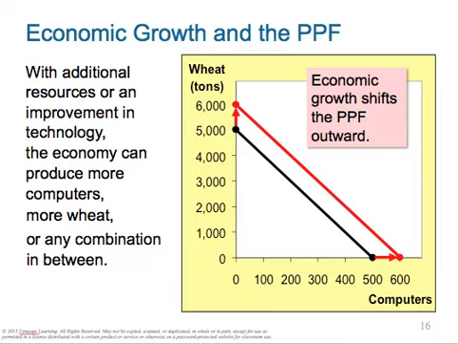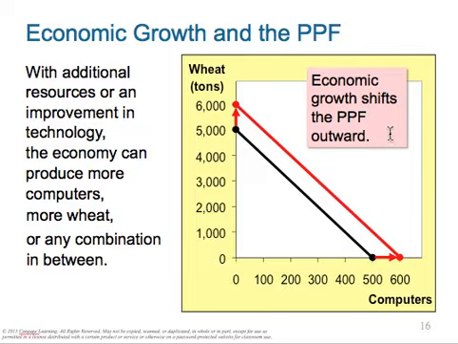With additional resources or an improvement of technology, so if you got more labor hours or you found a new technology that allowed you to produce wheat and/or computers at a higher level, say you got a new fertilizer that increased wheat yields, or you found a new microchip processor that allowed you to build computers faster, whatever it was, the economy can produce more computers and/or more wheat, or any combination in between.